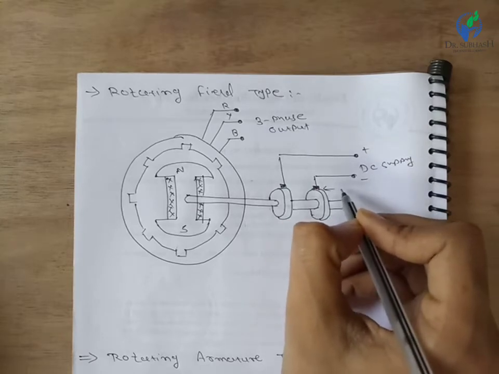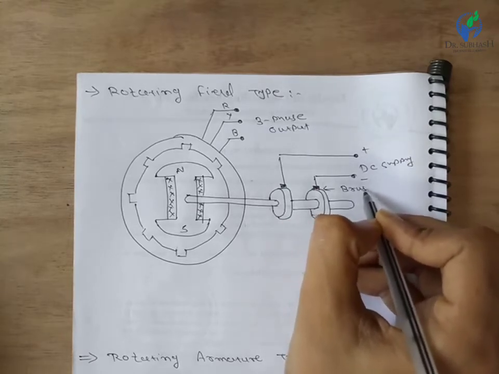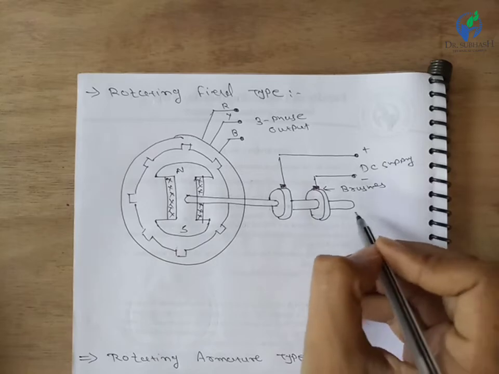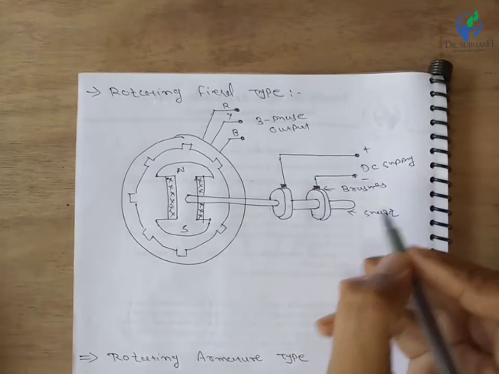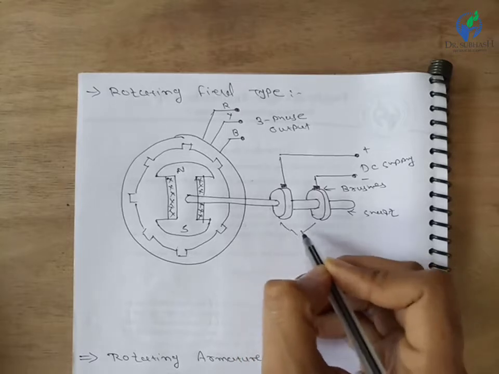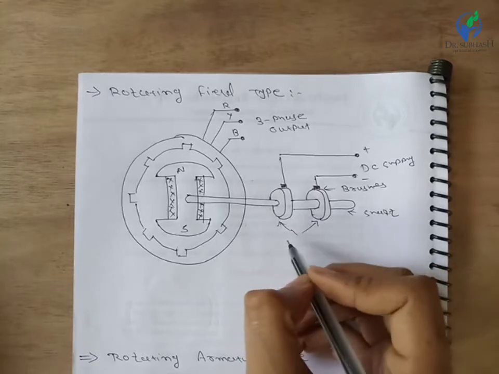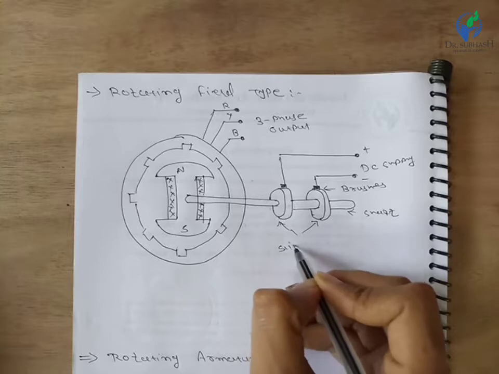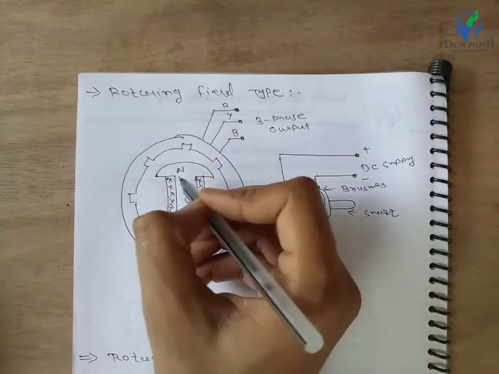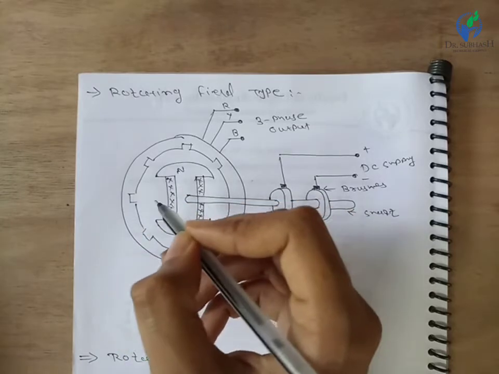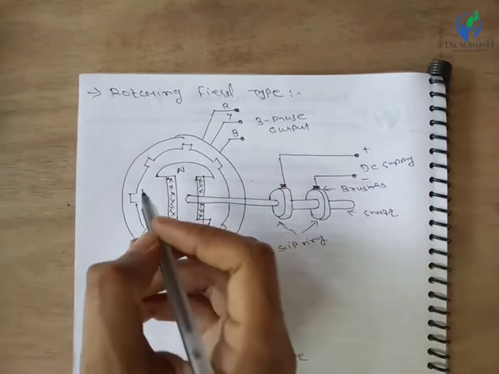This point is known as the brushes. This is a shaft. Here, around the shaft, is a slip ring. The N pole and S pole of the rotor, and it is the armature winding.